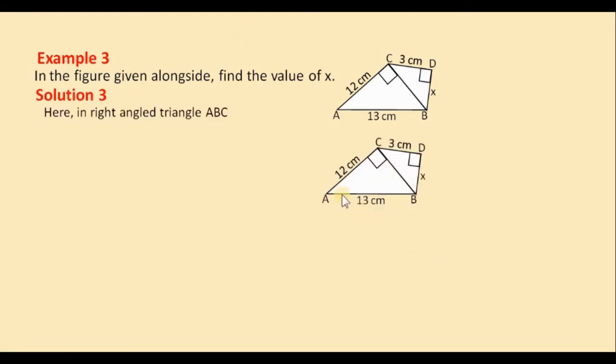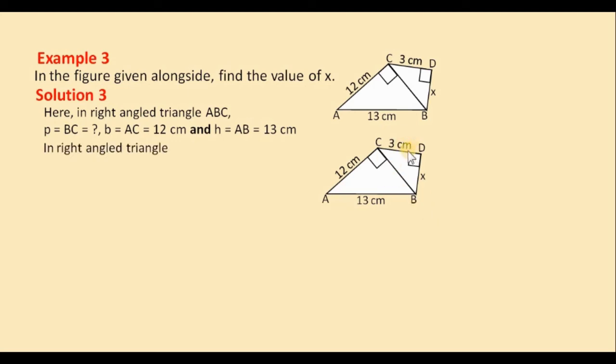Here in right angle triangle ABC, BC is P, AC is B, and AB is H. So AC is 12 centimeter, AB is 13 centimeter.